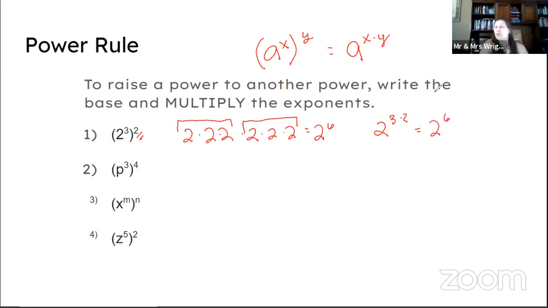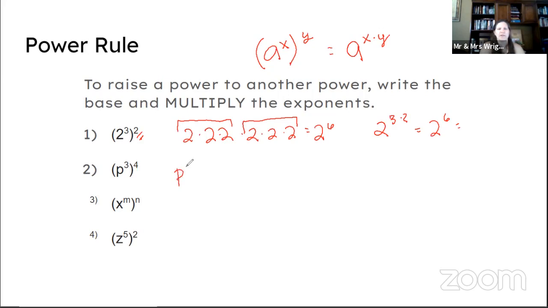Now, generally, if you were simplifying this, just with all of them, the product rule, the quotient rule, and now the power rule, you would continue to go out and do, okay, well, what is 2 raised to the 6th power? But we just want to see how to follow the rules right now. So we're not actually going to get those answers necessarily every time. So here we have a p raised to the power of 3, which is then raised to the power of 4.